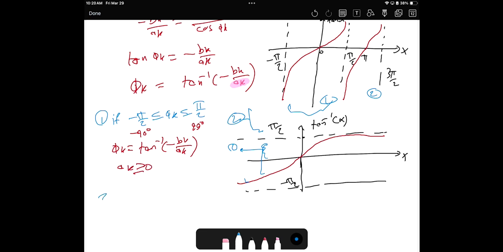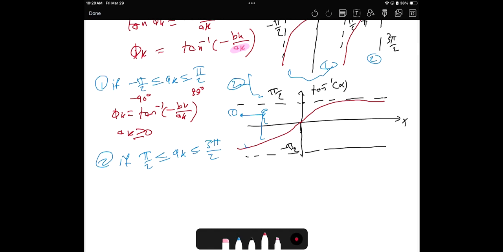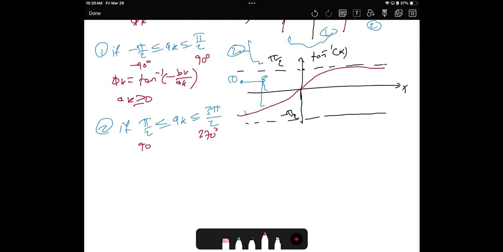The second case is if phi_k is larger than pi over 2 and up to 3 pi over 2, which means it is between 90 degrees and 270. Then phi_k will be pi plus tan inverse of negative b_k over a_k, such that here a_k is negative.